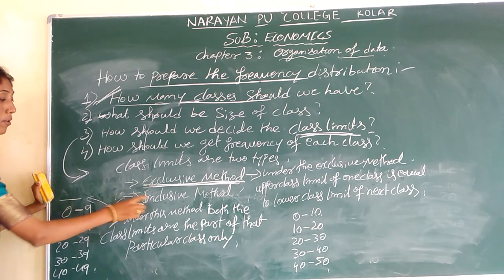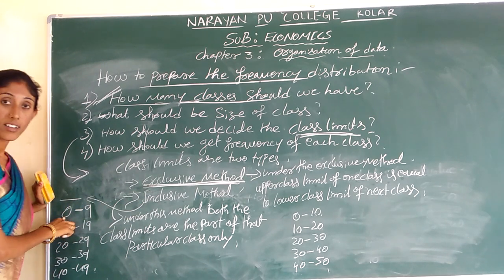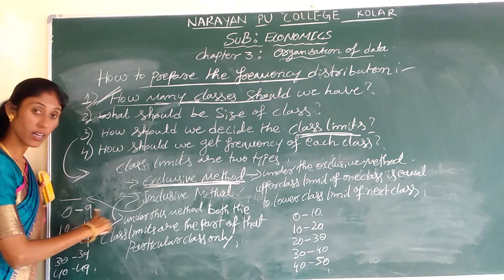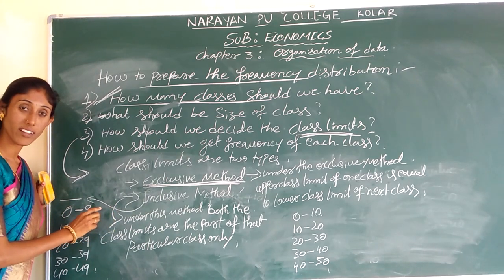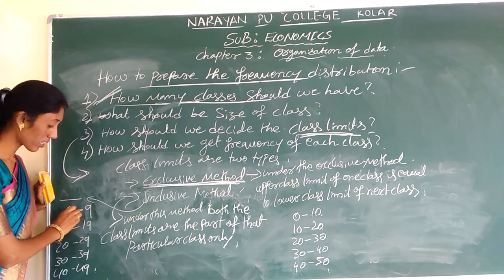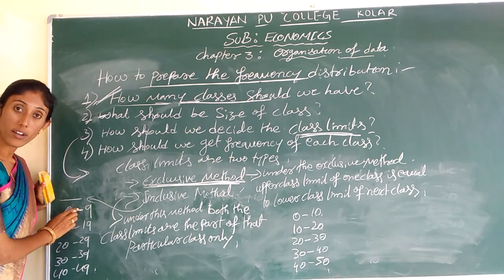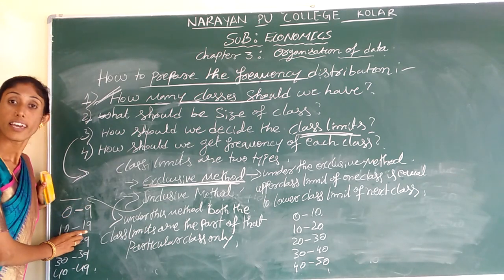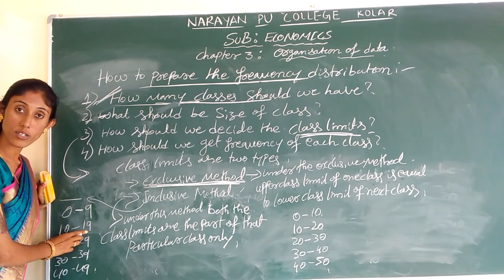This is the example for the inclusive method. Here you observe both the lower class limit as well as the upper class limit are not included in the next class, right? Both the class limits are part of that particular class only. It will never move to a next class. Are you understood?